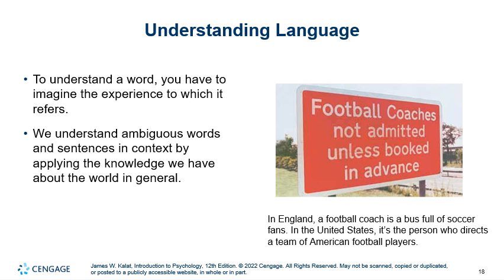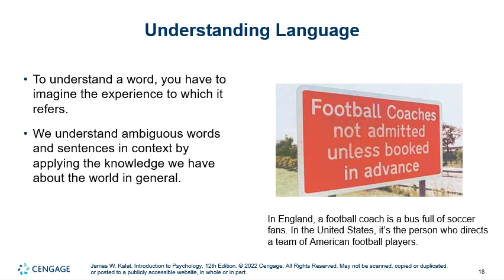How we go about understanding and comprehending language pretty much comes with how we experience life. To understand a particular word, you have to imagine the experience to which it refers. During class on Friday, we used the term racket, and you remember we had two meanings for it: the object we use in tennis, or racket in terms of extreme noise levels surrounding us.